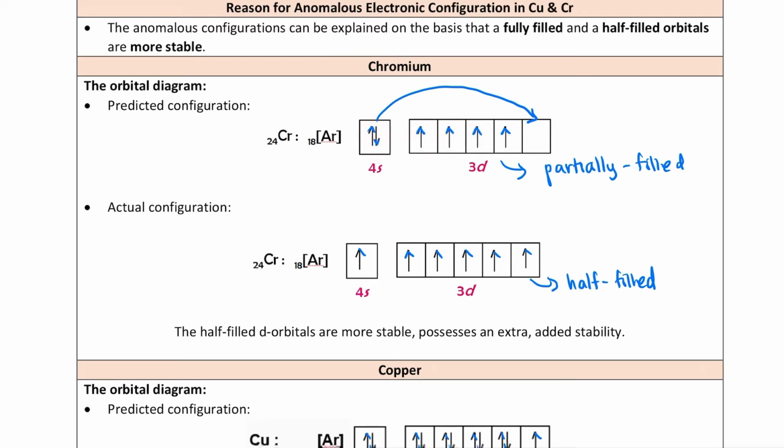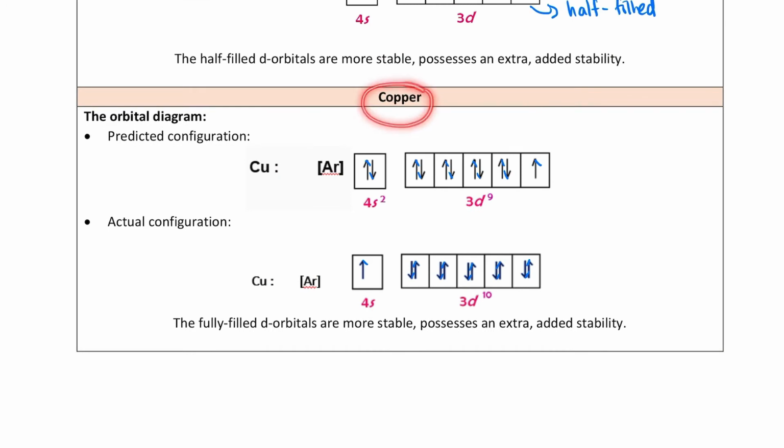Okay, alright, so last one, copper. Okay, so the electronic configuration of copper that is predicted, the expected one, is like this. Okay, but here please erase this 4s2 3d9.